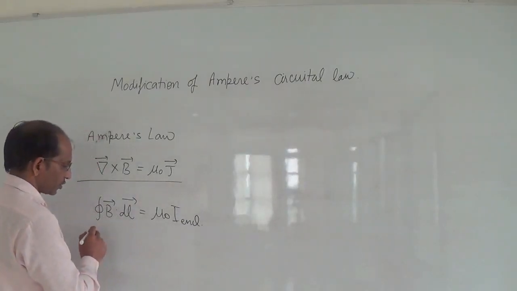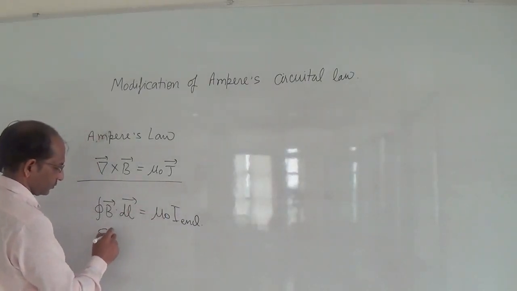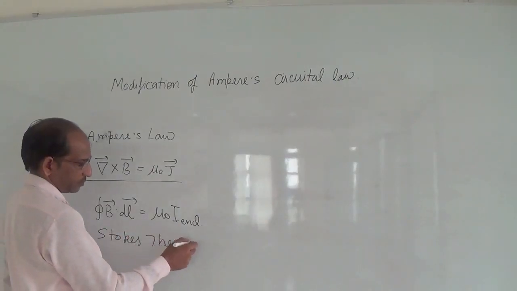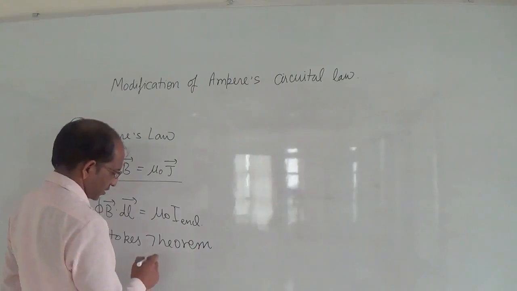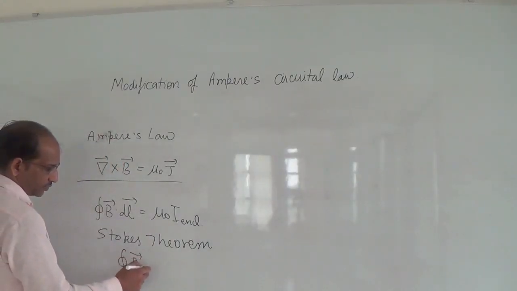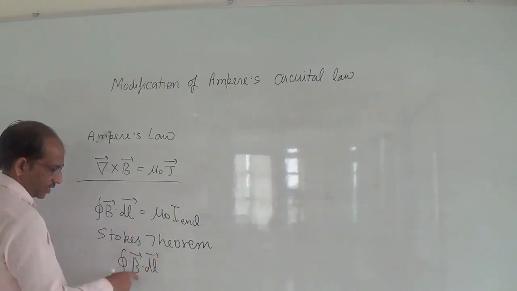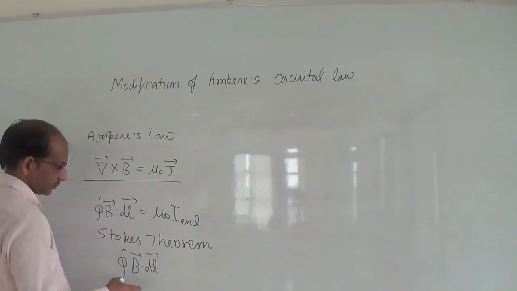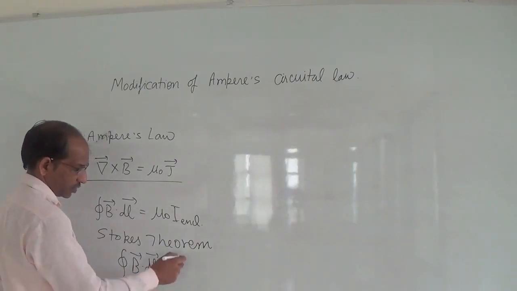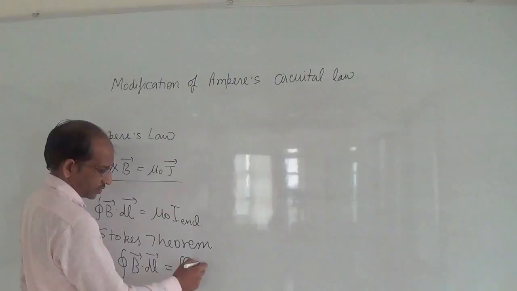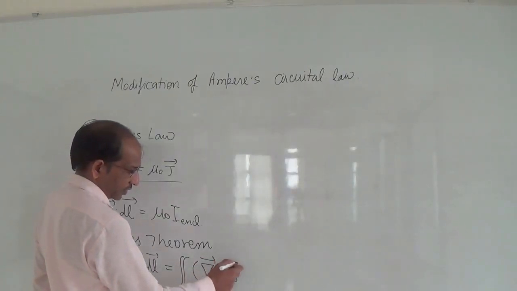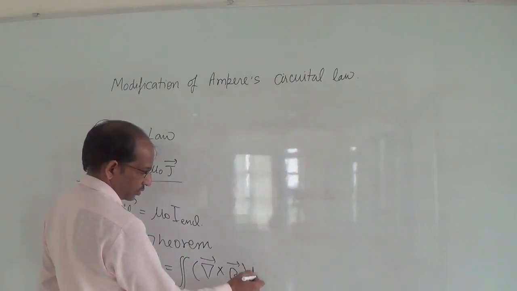We know the Stokes theorem, which provides a relationship between the closed path integral of any field. Here I have considered B. So the closed path integral of this magnetic field is equal to the open surface integral of the curl of this field, del cross B dot ds.